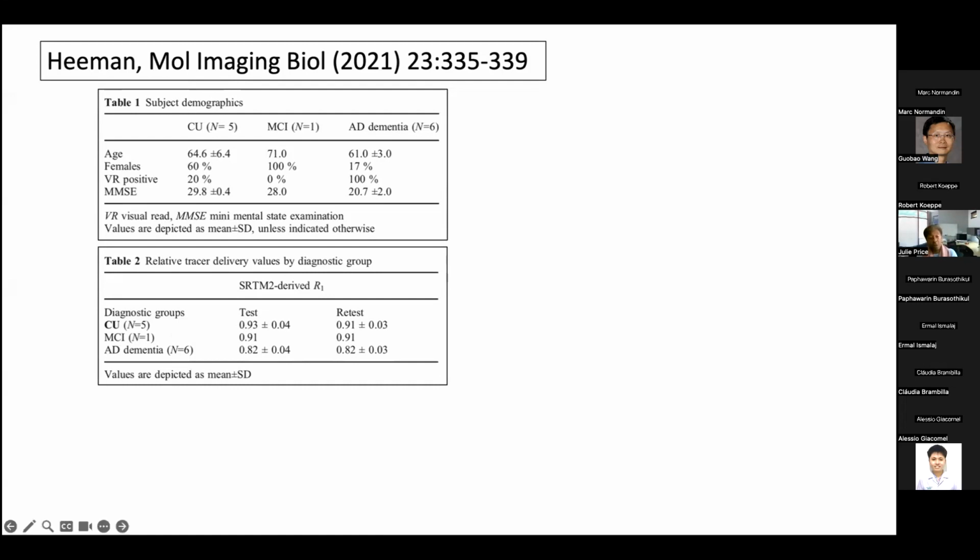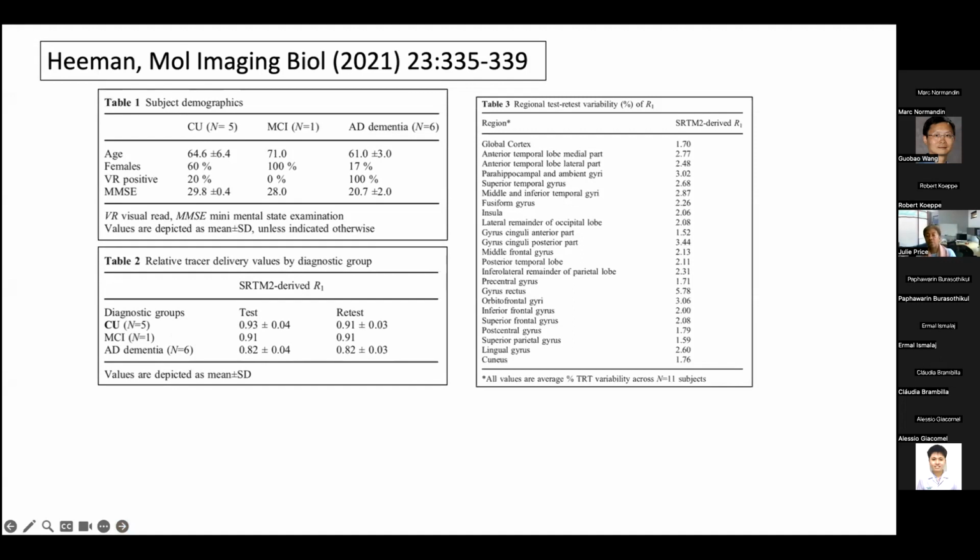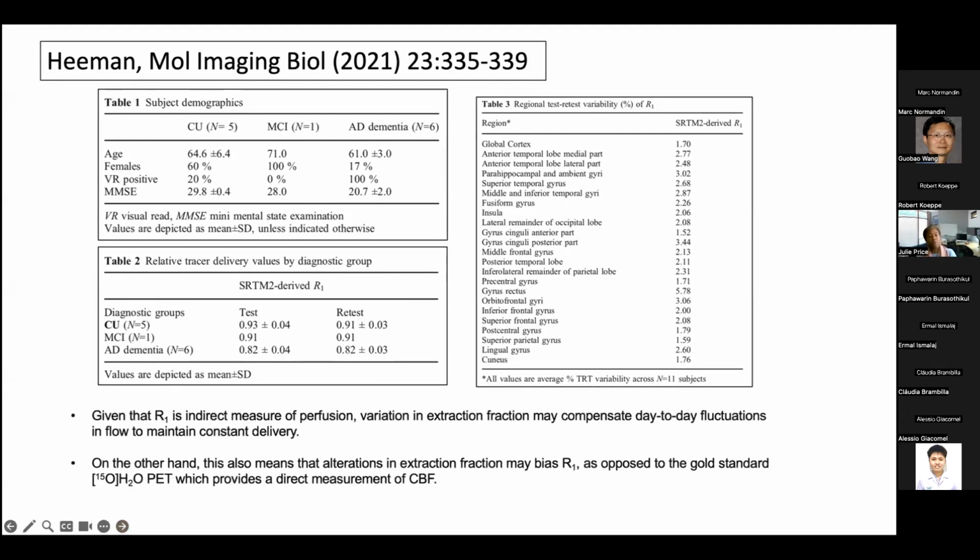It can be from increased atrophy relative to these groups, but it was very reproducible upon retest. And that was true across most regions. This is the level of the variation that they found in their test-retest data. So for PIB, R1 was pretty robust.